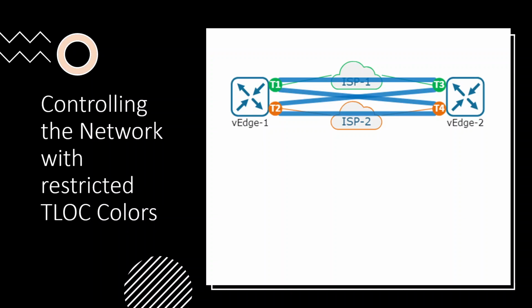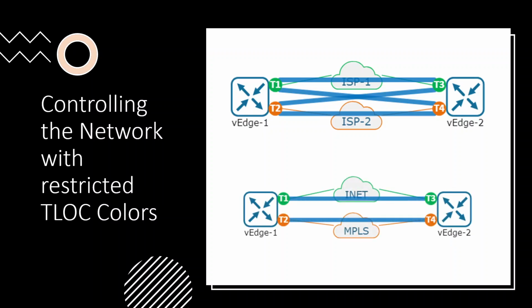So what we can do is restrict this using the TLOC colors. How do we do that? Here you can see we have something called TLOC colors. When we have the tunnel interface on the vEdge routers, we configure the parameter called color, such as biz-internet or MPLS, or you can use your own naming convention.